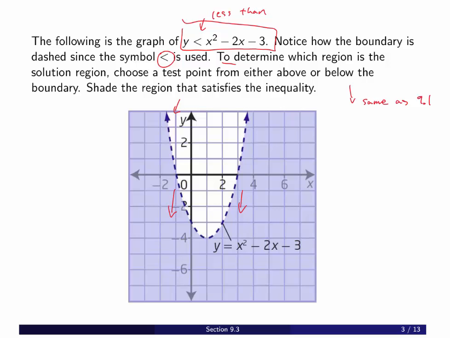And that's it. All you basically have to know how to do is graph. So the hard part is graphing the boundary. But this is Chapter 3, right?